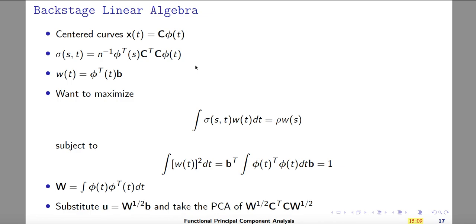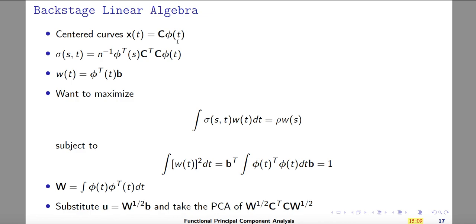Suppose here x of t is a vector of all the curves. You can see x is in bold font because I treat this as a vector of functions. Then x of t will be equal to C times phi of t. So x of t is an n times 1 vector, and phi of t is a vector of all the basis functions.